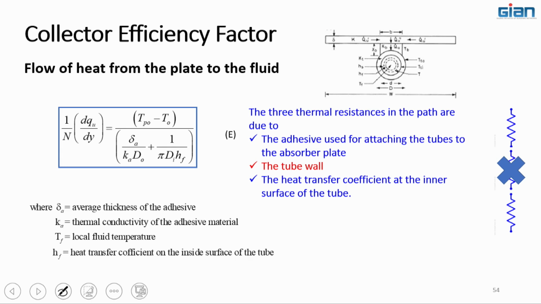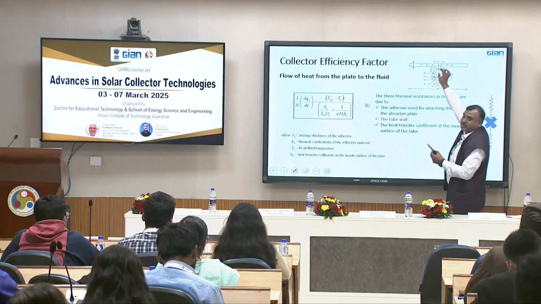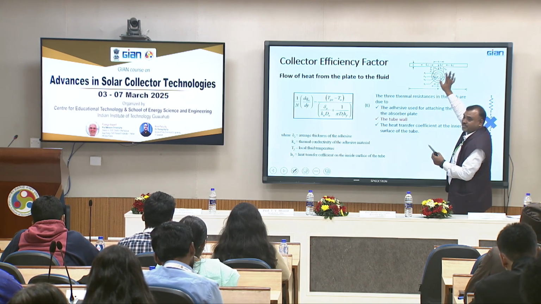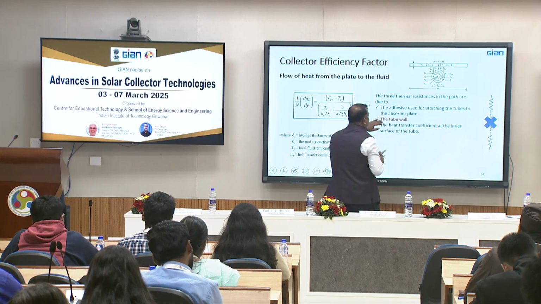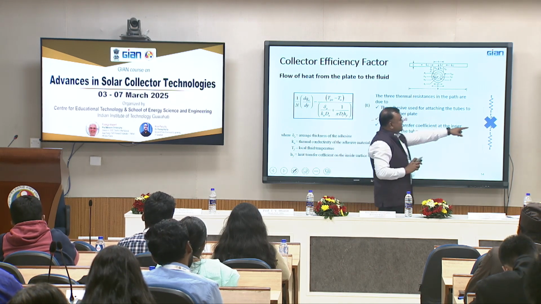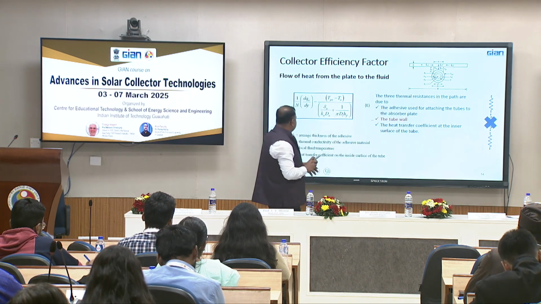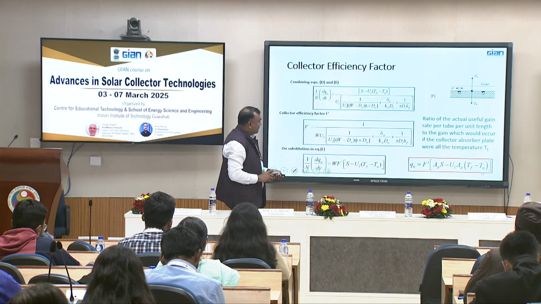If we make it a single material, then it's always good, and we can discard that thermal resistance. That's one novel collector system you can think of. For our analysis, we have not considered the resistance offered by the tube wall, and we have done the analysis to see what we get at the end.